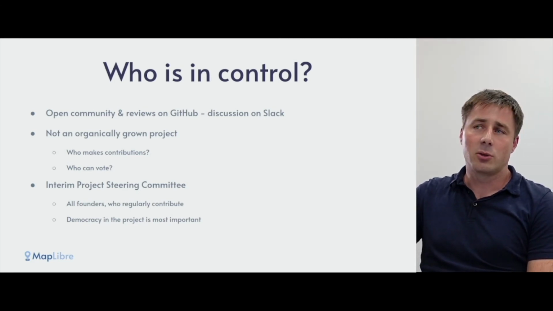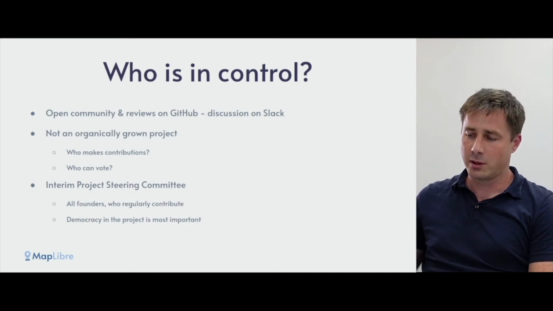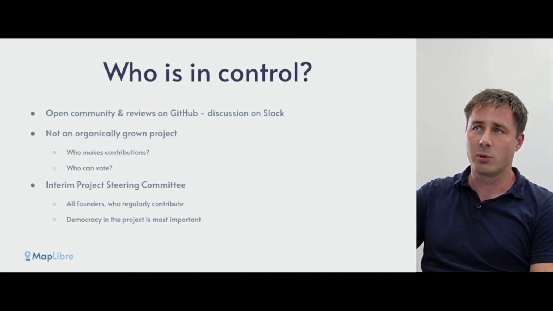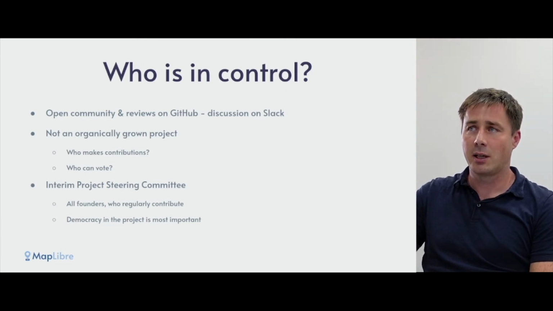The project is not organically grown, but it's made out of the latest Mapbox open source version. But it has already attracted quite a viable community and people who are contributing, practically using it, and really discussing.